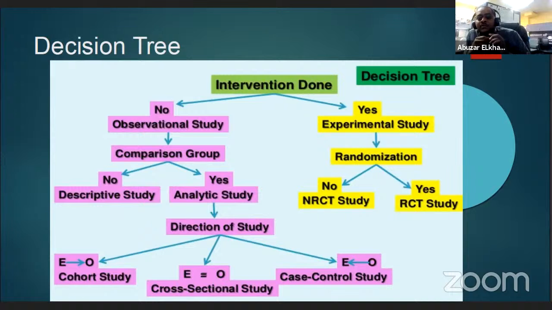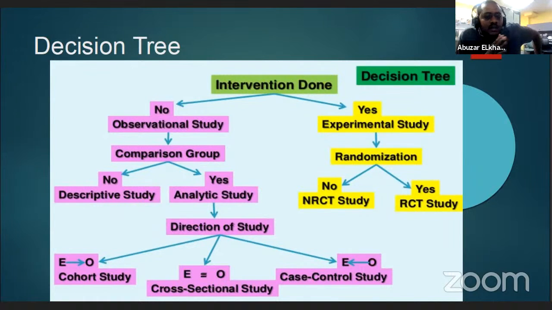Experimental studies are subdivided based on randomization into two types. If we randomize the study, we call it an RCT, or randomized controlled trial. If we do not randomize, we call it a non-randomized controlled trial study. And Dr. Hiba is going to talk in detail about experimental studies later on.